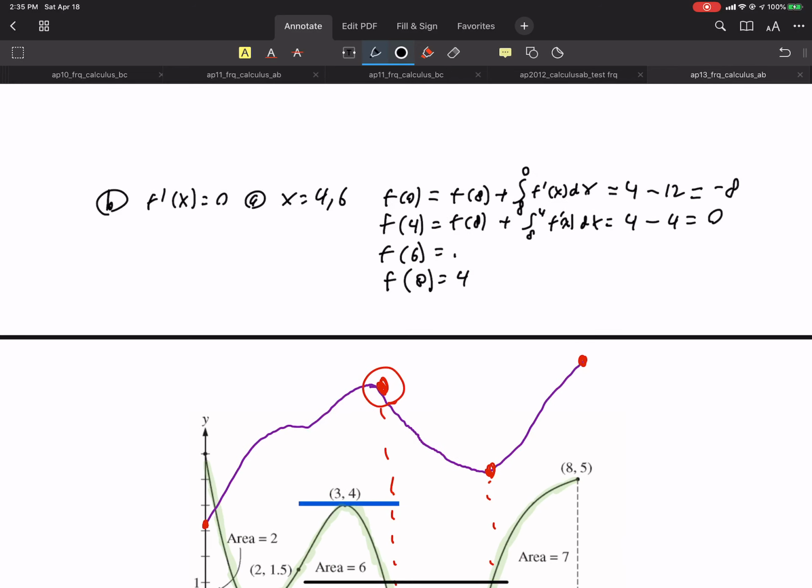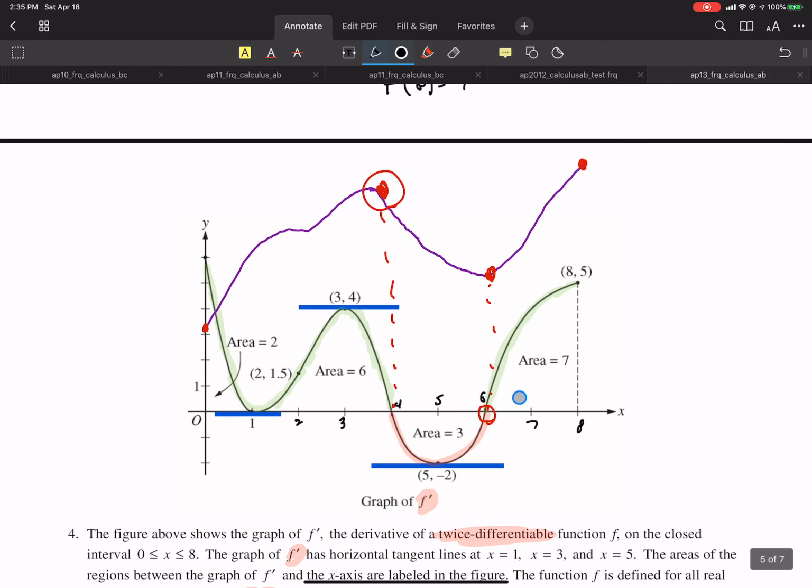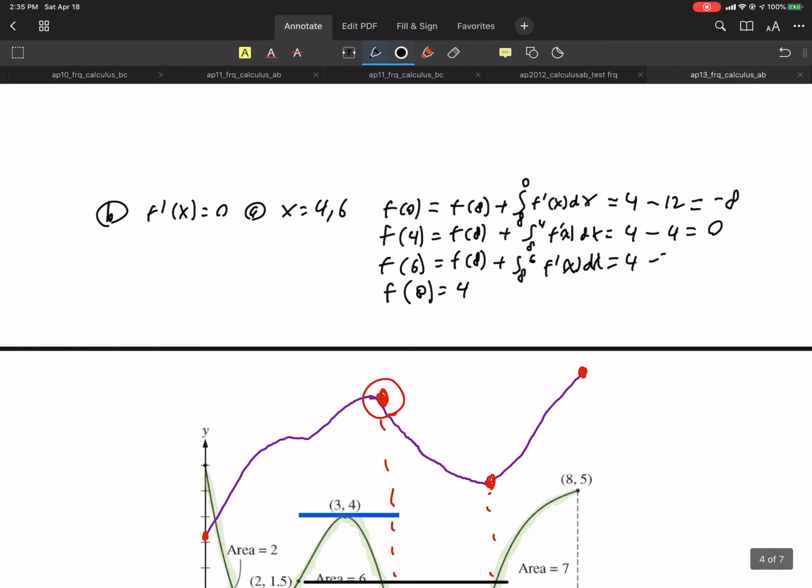And then f of 6 is the starting point that we know, plus the integral from 8 to 6. So it starts at 4. If you integrate from 8 to 6, you're going backwards. So instead of being a positive 7, it's going to be negative 7, and 4 minus 7 is negative 3.